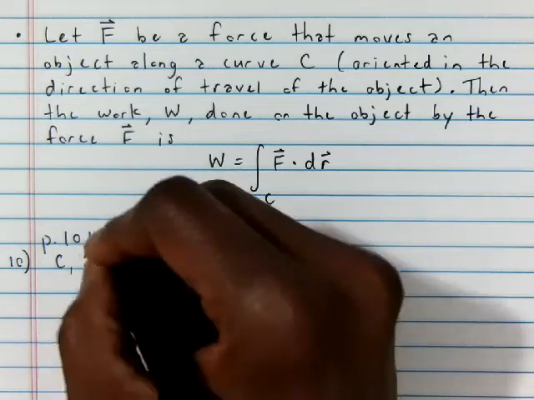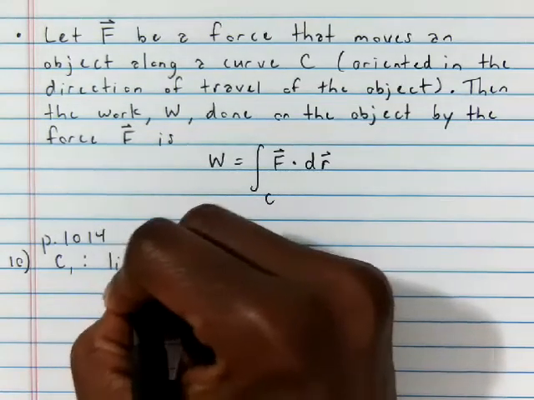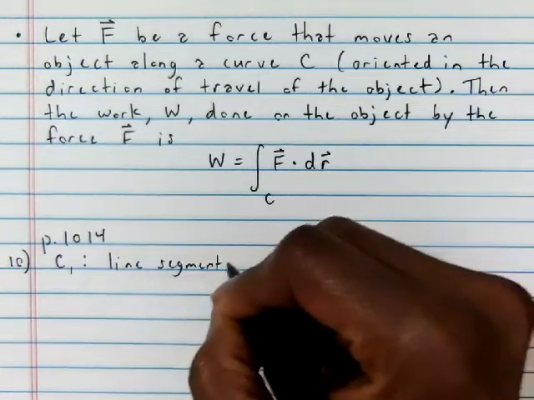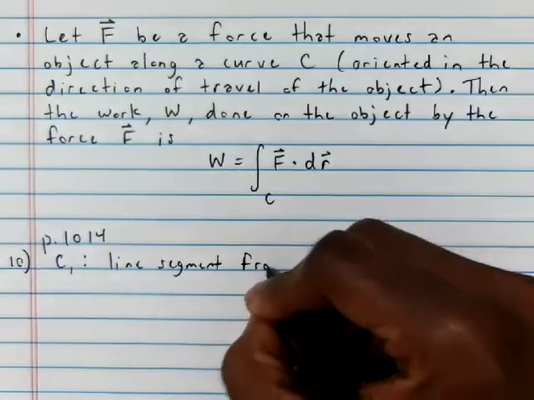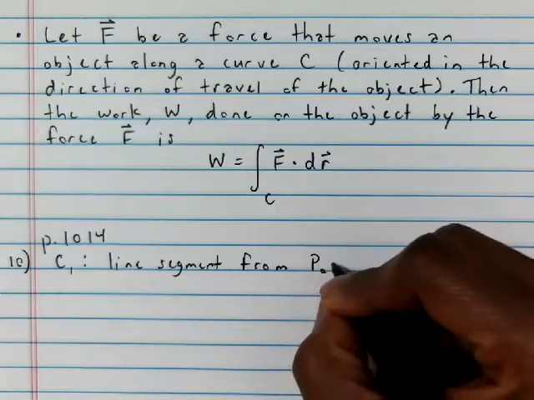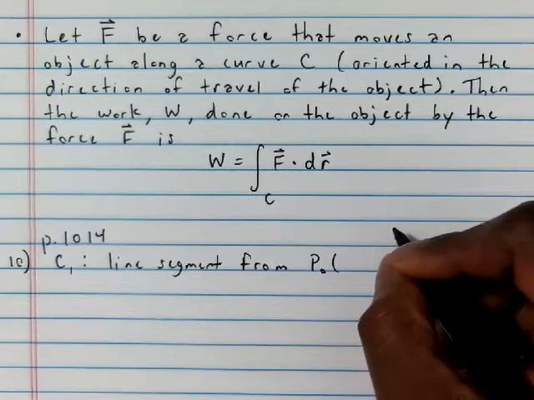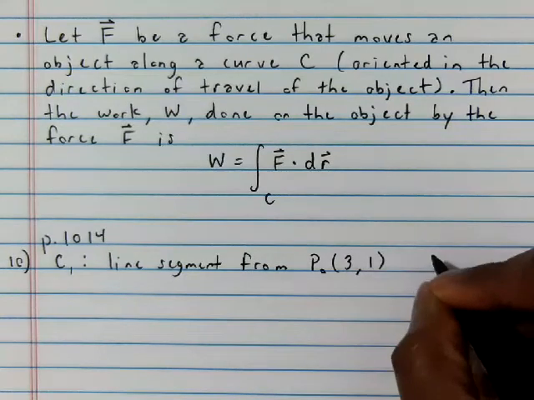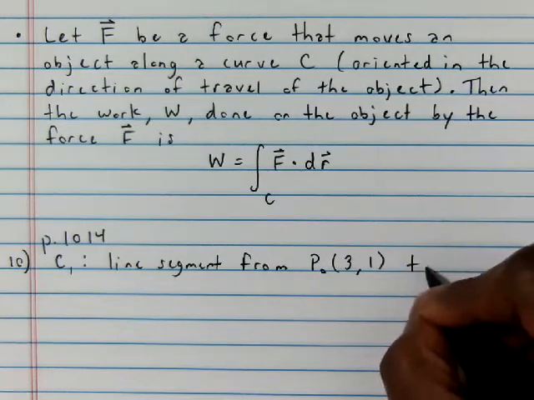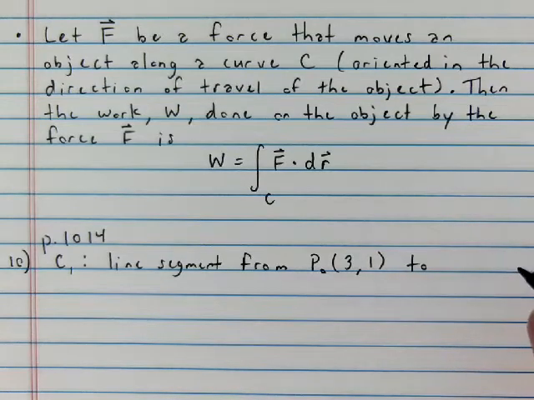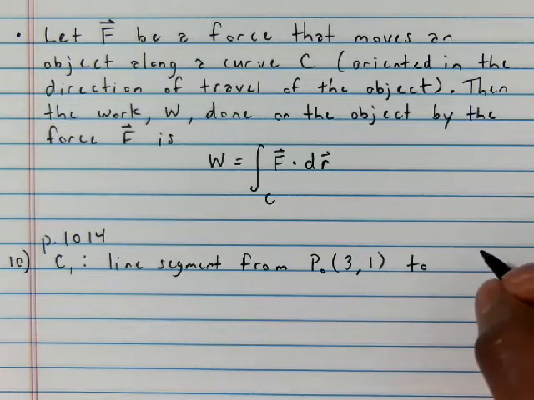So it's the line segment from what we'll call P naught, which is x equals 3, y equals 1, to the point P1.